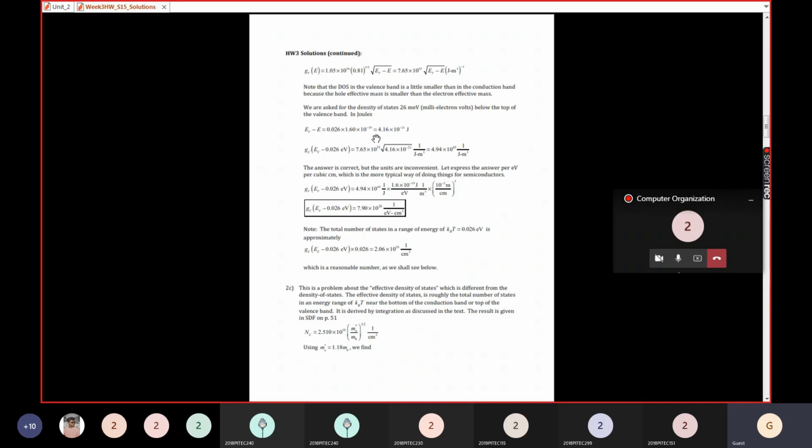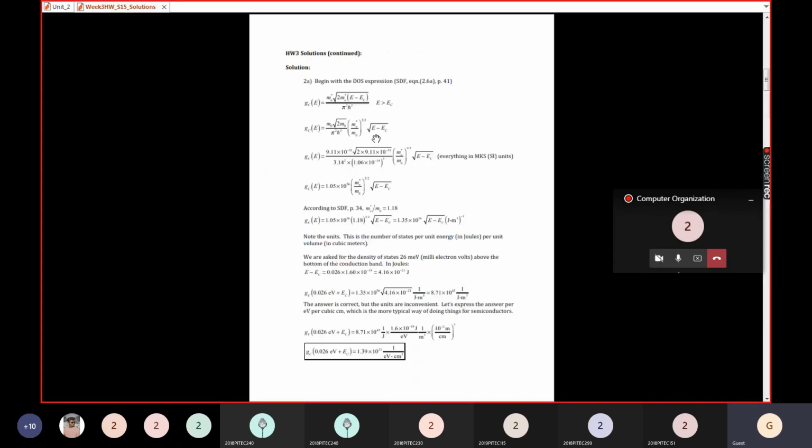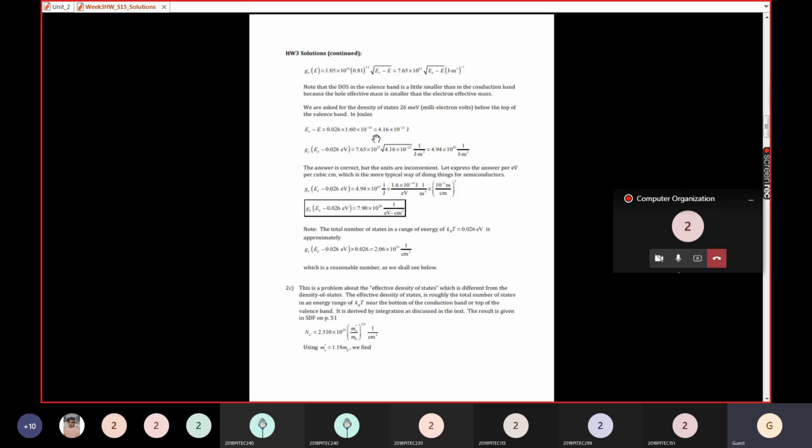You can observe here 4.16 into 10 to the power minus 21. In the previous case also, we got the value of E minus Ec as 4.16 into 10 to the power minus 21. So always remember, don't solve it separately. Find a common value for square root of E minus Ec and for square root of Ev minus E. Both are common. Take it and directly substitute it.